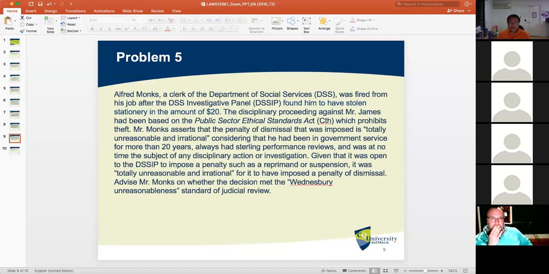Let's assume that it's open to the DWSIP to impose any of those penalties. And let's assume that the amount of stationery stolen was only $1, okay, instead of $20. And then the penalty was dismissal. Would that meet the standard of Wednesbury unreasonableness or not?